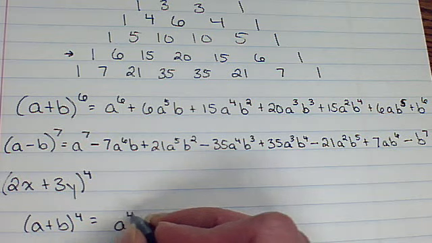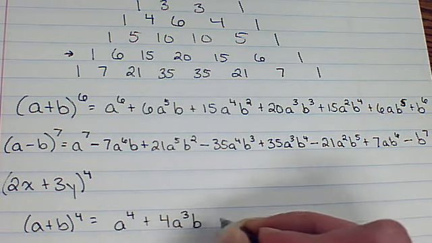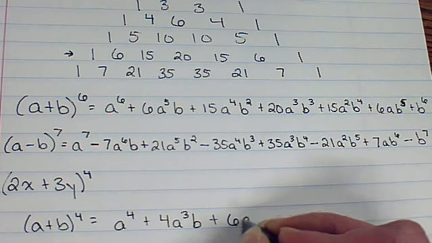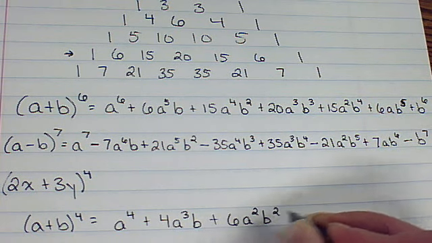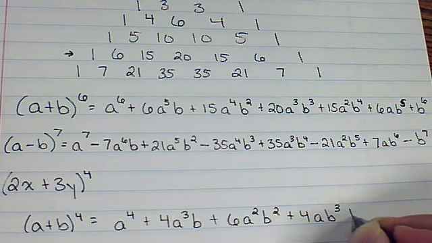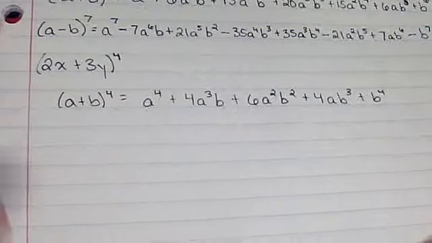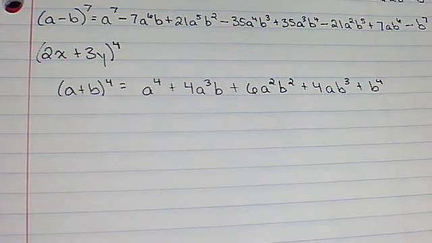So that's A to the 4th plus 4, A cubed B plus 6, A squared B squared plus 4, AB cubed plus B to the 4th. That's the pattern. The pattern holds true.